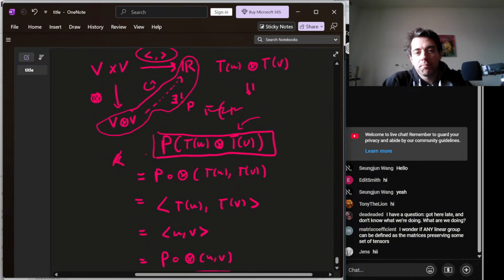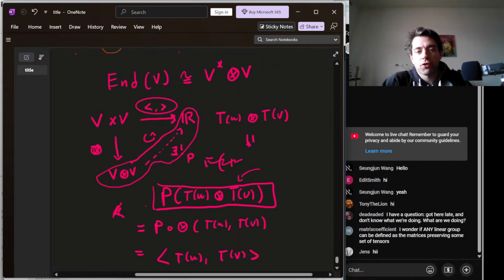So I wonder if we can push it further to that interpretation by looking at, so some people actually define tensors to be the collection of bilinear maps, actually.